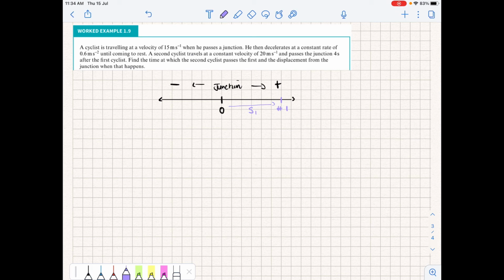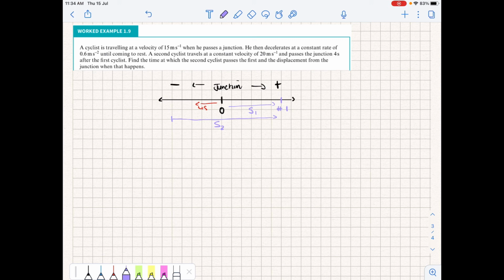The second cyclist is 4 seconds behind the first cyclist at the time that the first cyclist passes the junction. And so the second cyclist will most likely be here somewhere, okay? And they will travel past the junction, and eventually at some point they will pass each other. And this we can call displacement 2. This is the displacement of the second cyclist.